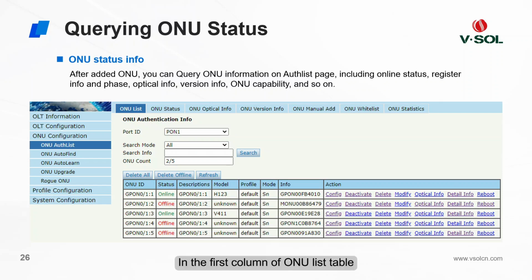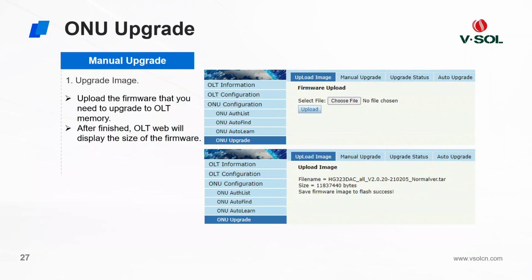In the first column of the ONU list table, ONU ID displays PON port ID and ONU ID. If it requires ONU ID on other pages, such as ONU upgrade, the ONU ID should not contain the PON port ID.